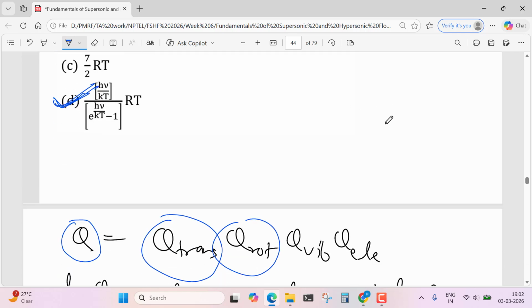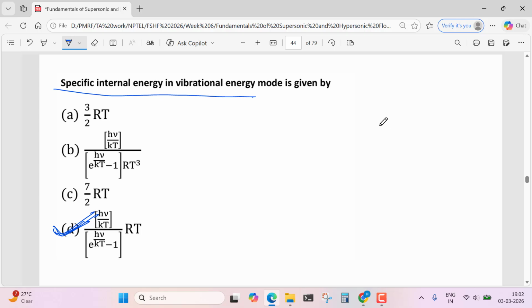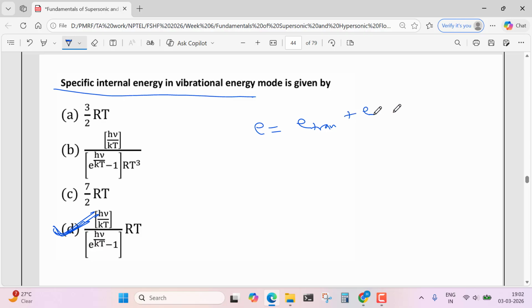Before, the energy was a combination of four energies: translational, rotational, vibrational and electronic. Now we have to take only one portion of that energy, the vibrational part.